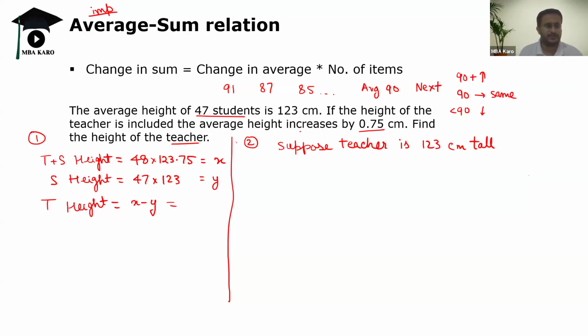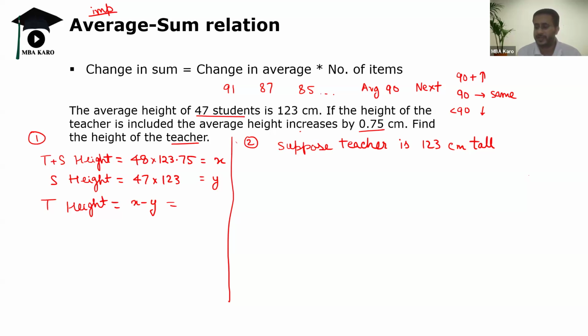This is some logic which you can relate to, because calculating your average marks is something you must have always done. If you would get more than 90, your average will increase. You will always wish that you get more marks so that your average increases. But if you got less marks, your average would decrease.